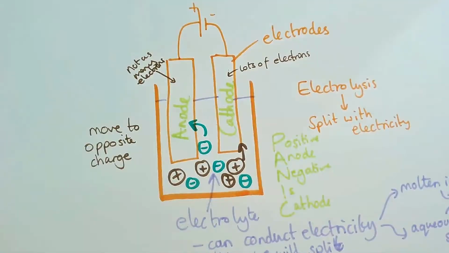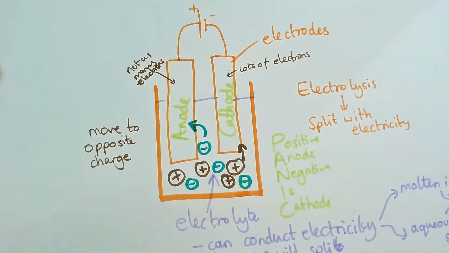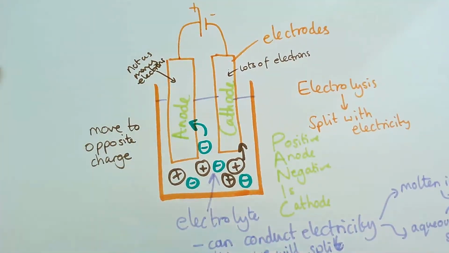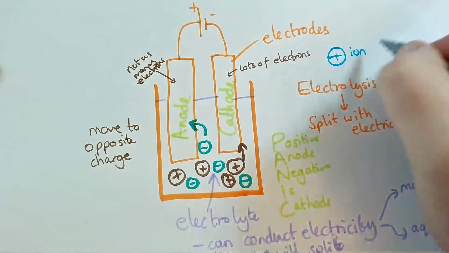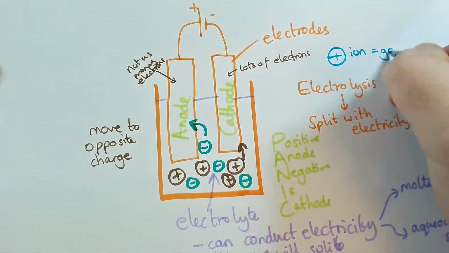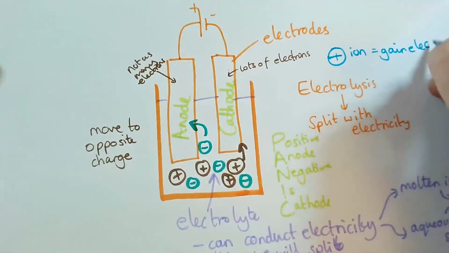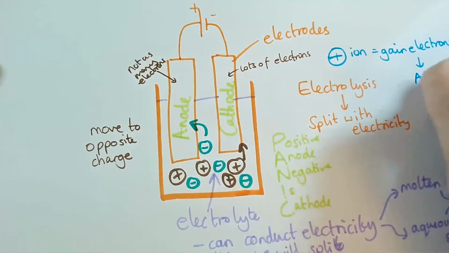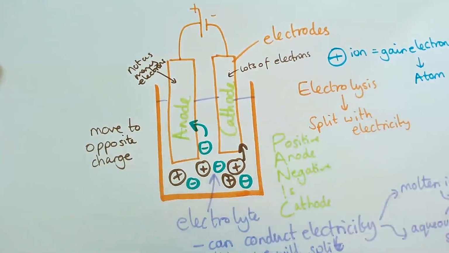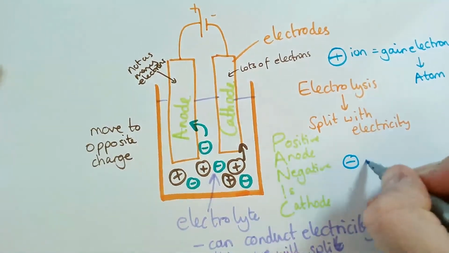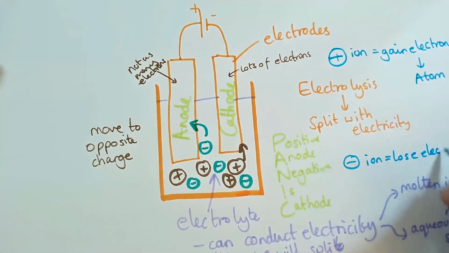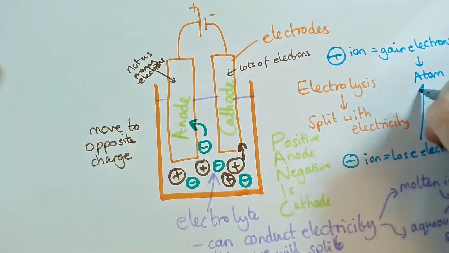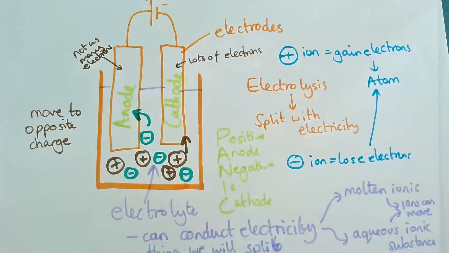So what happens is this positive ion will gain electrons, and that will turn it back into its kind of atom, not an ion anymore. And the negative ion will lose electrons, and this again will turn it back into that kind of atom form.